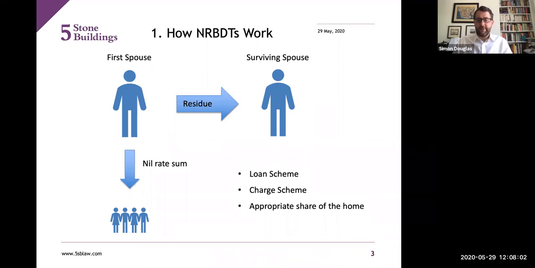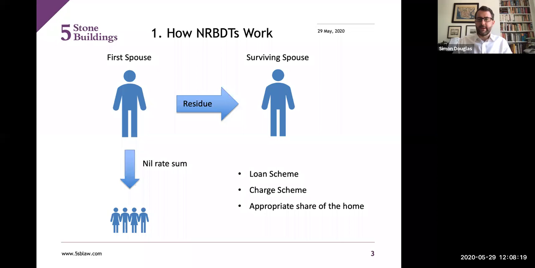Now, the common theme throughout each of these three schemes is that what the trustees are doing is reducing the value of the surviving spouse's estate, either by burdening that estate with a debt or by actually taking assets out of the surviving spouse's estate.